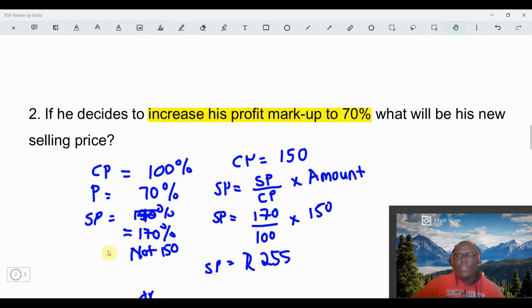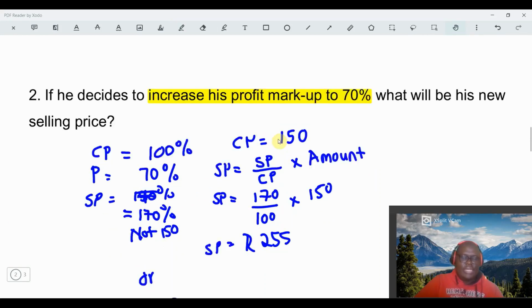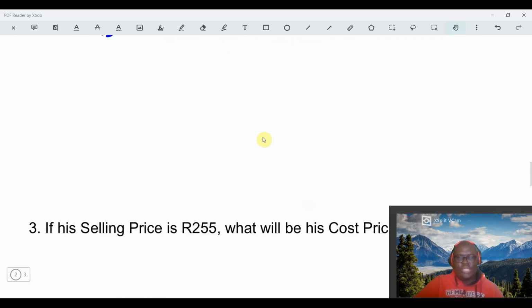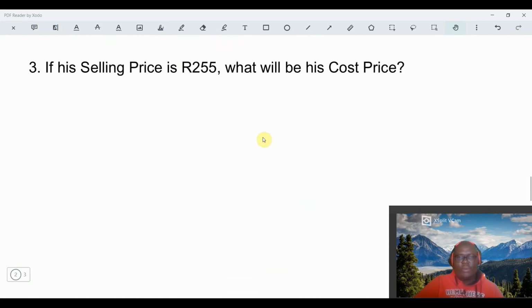You are done now. But one thing that you must also be able to keep in mind is how to do the reversals. Okay, you must know how to reverse the information. They won't always ask you to calculate the selling price. Sometimes they will give you the selling price and say look for the cost price, which is what we'll deal with in the next question.